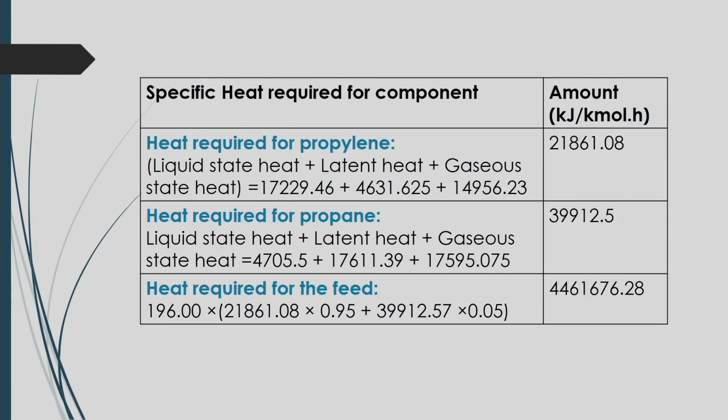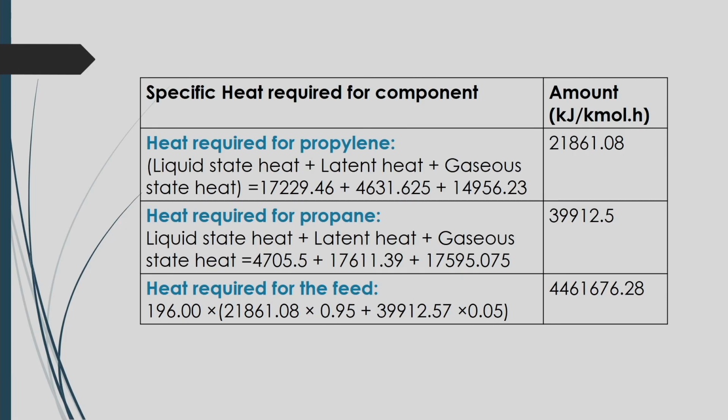Now, the specific heat required for the components propylene and propane: how do we calculate the total amount of heat? One part is when the temperature changes from a certain degree to a certain degree Celsius in the liquid state, and then converting that liquid state to the gaseous phase.